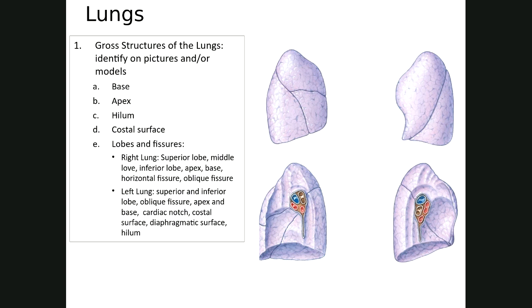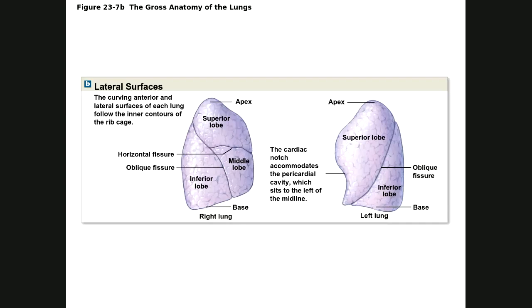Typical things like base, apex, hilum, costal surfaces, and then there are different features that you want to know between the right and left lung in terms of the number of fissures. For instance, on this picture, you can see the left lung only has two lobes, superior and inferior lobe, and also has what's called a cardiac notch to accommodate where the heart sits in the thoracic cavity.